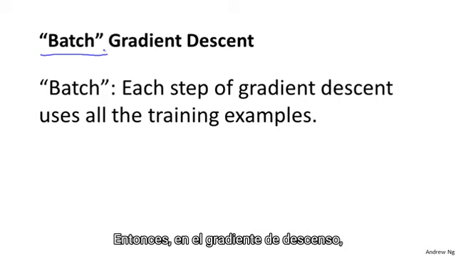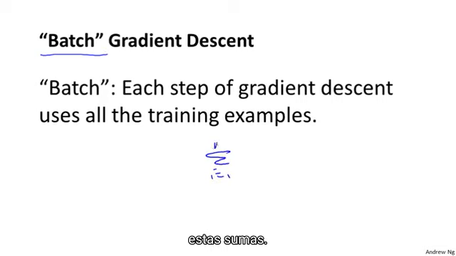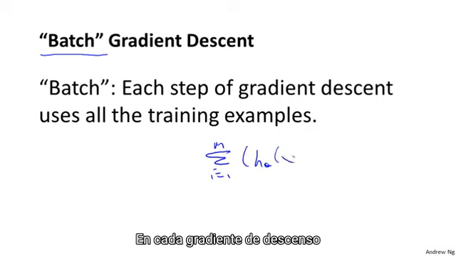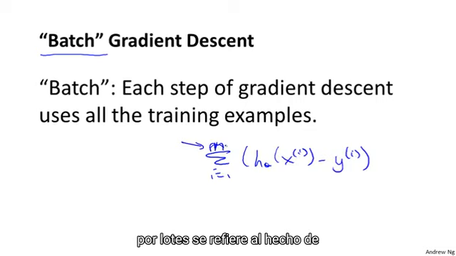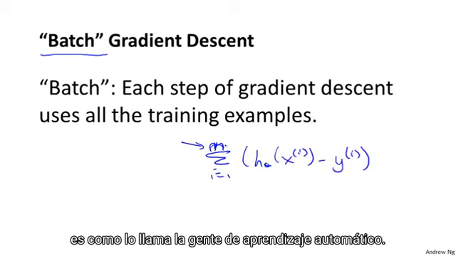When computing derivatives, we're computing these sums, so in every step we compute something like this that sums over all m training examples. So the term batch gradient descent refers to the fact that we're looking at the entire batch of training examples. Again, this is maybe not a great name, but this is what machine learning people call it.